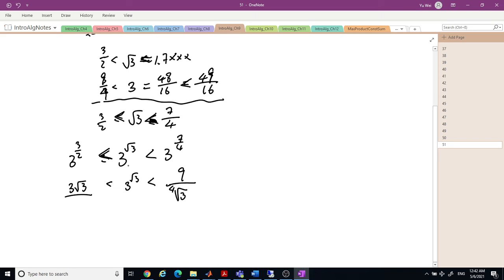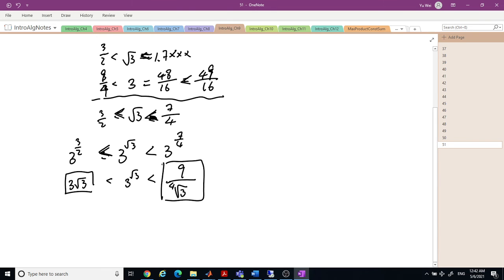Okay, so now if we can figure out the integer part of this and the integer part of this, we can use that the square root of 3 is equal to 1.7 something something, right? And then you can know the fourth root of 3 is somewhere, because 1.3 squared is 1.69, right?